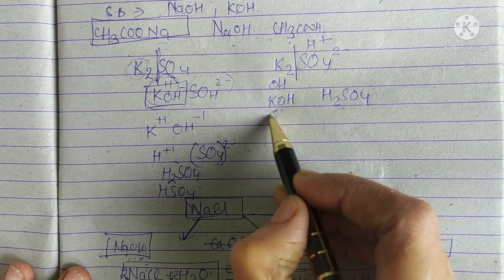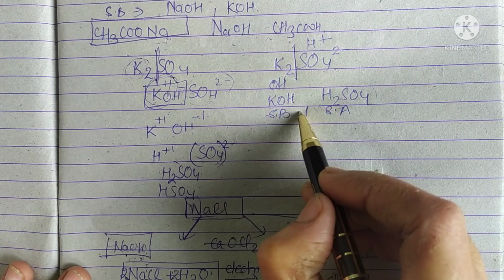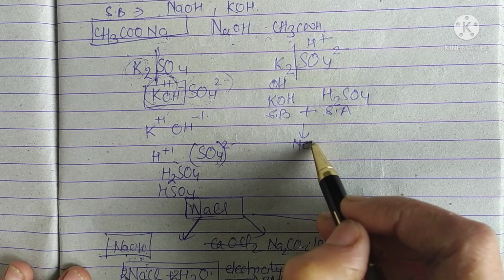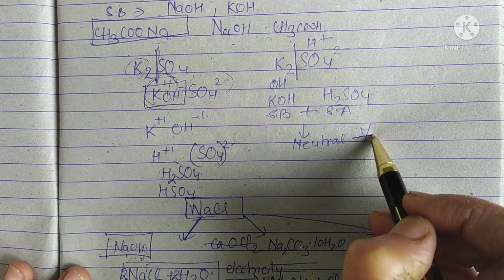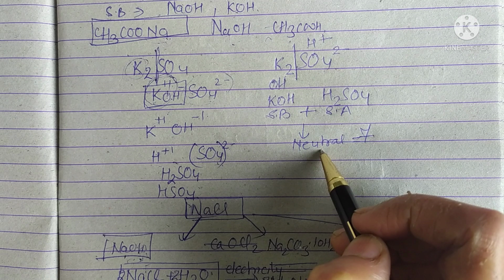This is a strong base and this is a strong acid. On neutralization reaction between these two, the salt obtained will be neutral in nature and its pH will be equal to 7. So this is the way to find out the pH of the salt without using the universal indicator. Means we can find out the nature of the salt theoretically also.